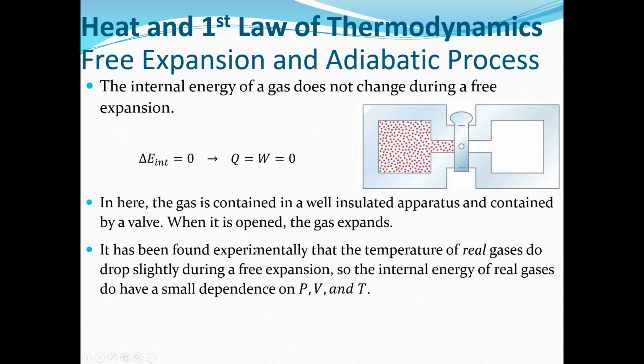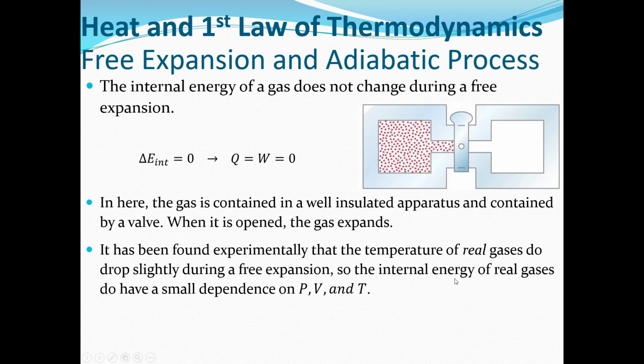Now, this is of course an ideal gas. This is a theoretical thought concept. It is actually found that in real gases, and this pertains to all the processes, there are slight changes to these things.